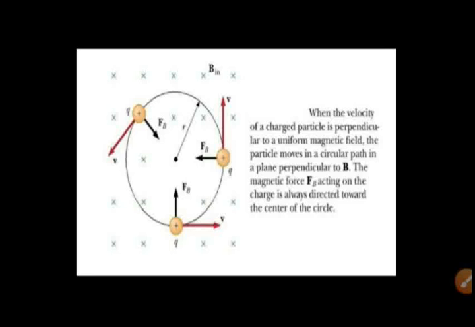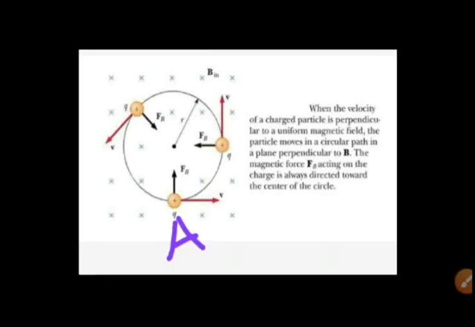Why is it following the circular path? Let us see here. Suppose the charged particle is at the point A and the magnetic field is into the plane. That is why it is represented using crosses.